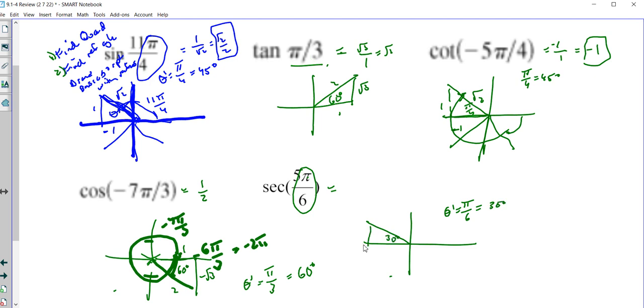And what's opposite 30? In this case, 1, radical 3, and 2, and we have the negative right there. Secant is hypotenuse over adjacent, which we can simplify to negative 2 square root of 3 over 3. Bada bing, bada boom, and that's our answer.